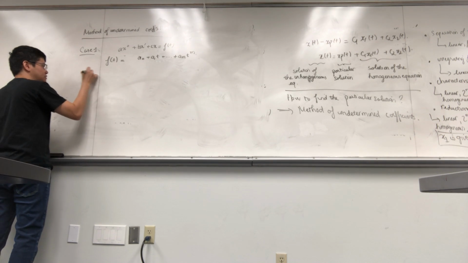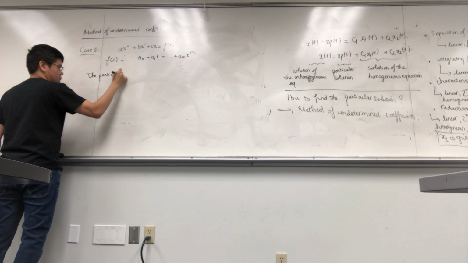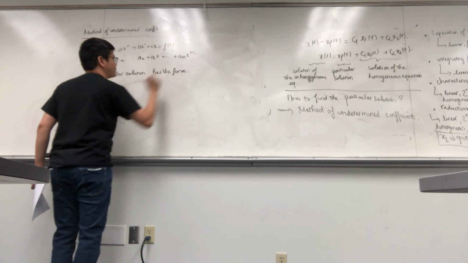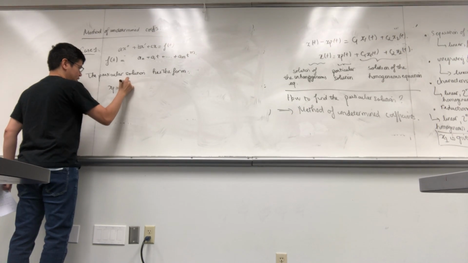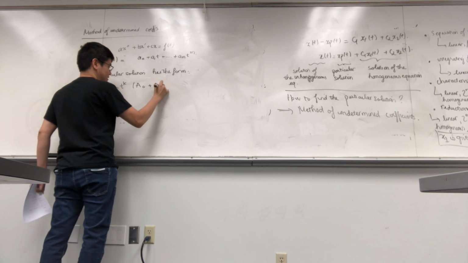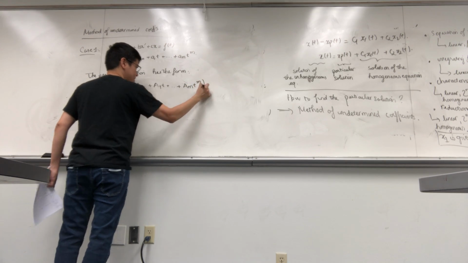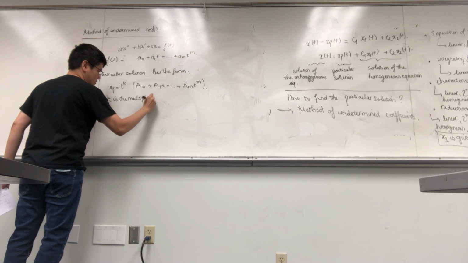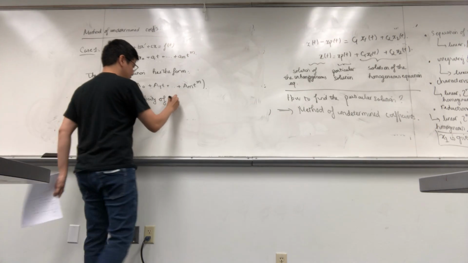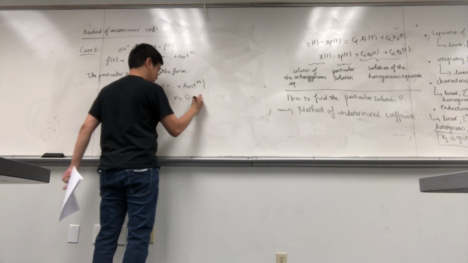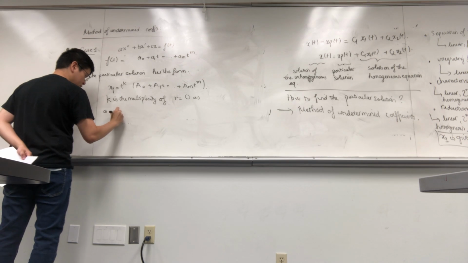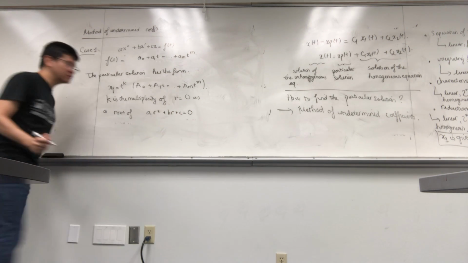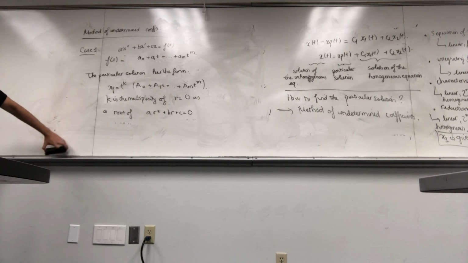So the particular solution has the form xp is t to the k times (a0 plus a1 t plus ... am t to the m), and k is the multiplicity of r equal to 0 as a root of ar squared plus br plus c is equal to 0, right? I'm going to explain the multiplicity in a second.